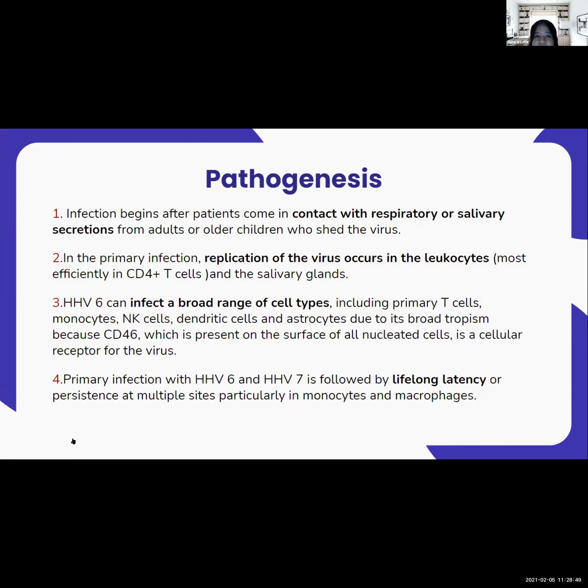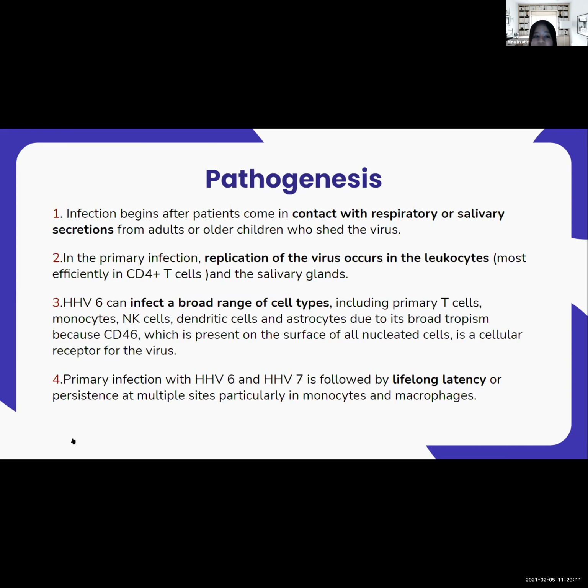Okay, for pathogenesis, the infection begins after patients come in contact with the respiratory or salivary secretions from adults or older children who shed the virus. This virus has tropism for CD4 T cells, and they will replicate in these cells and also in the salivary gland.